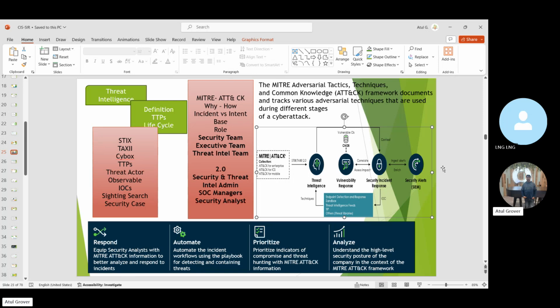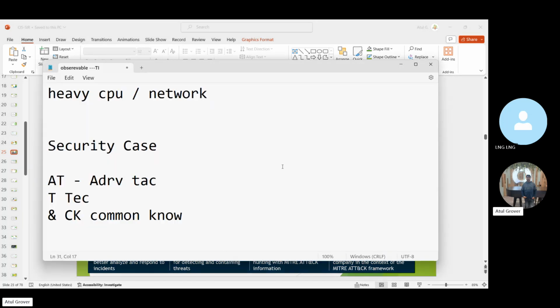It is a collection of enterprise and mobile, number one. And the word tactics says why, and the technique says how. Why this happened and how I can resolve this. Why means I'm finding the root cause; I'm going to problem management only.